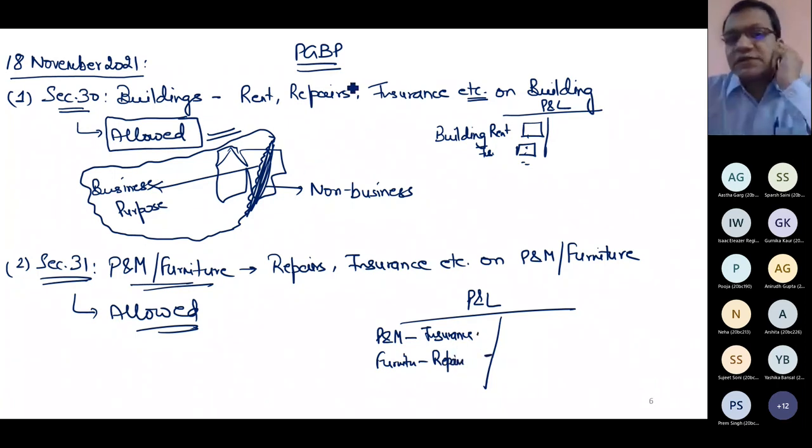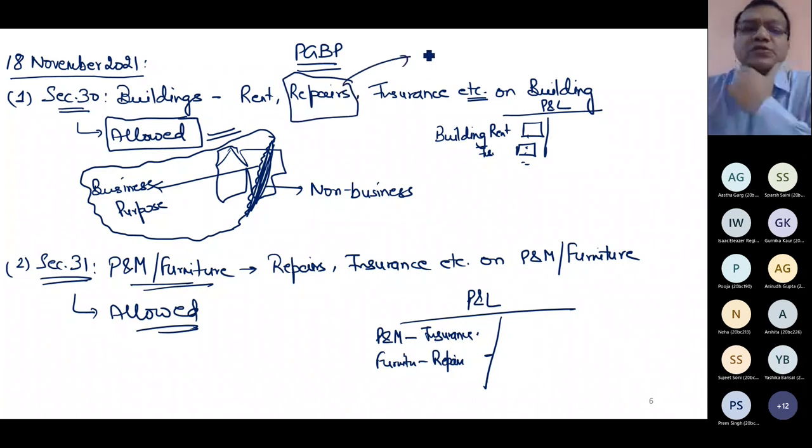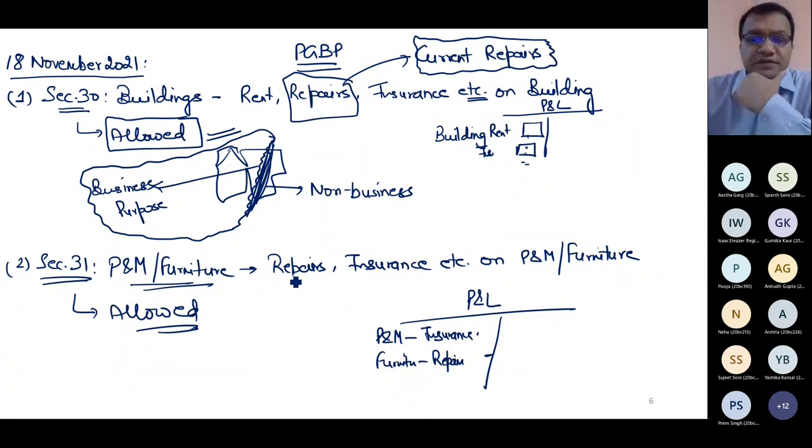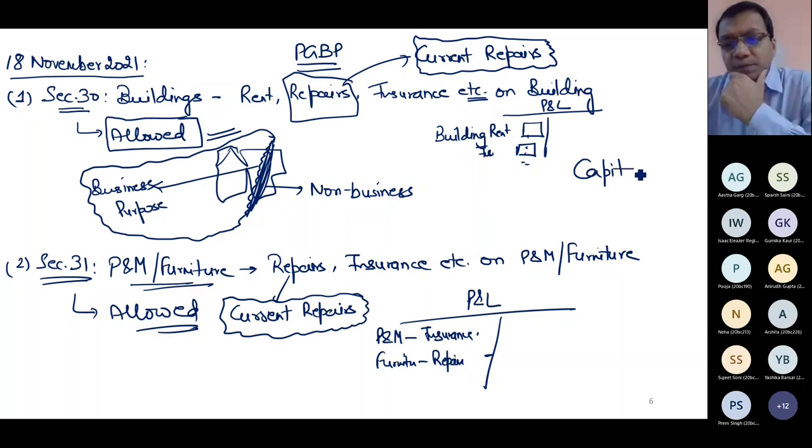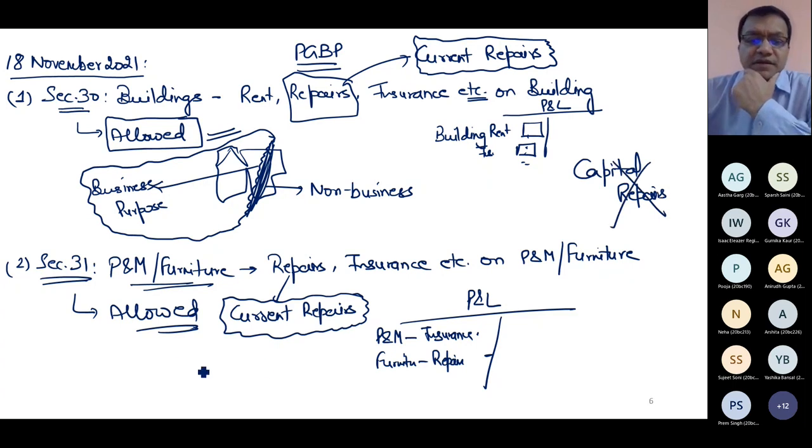But in both these sections, when you discuss repair, do remember that I will discuss only current repairs, not capital nature. Capital nature expenditure is not allowed. Current repairs means repair which is of current expenditure, small expenditure, not heavy nature, whose benefit I cannot get in the next many years. Capital repair is not covered under section 30 or 31.